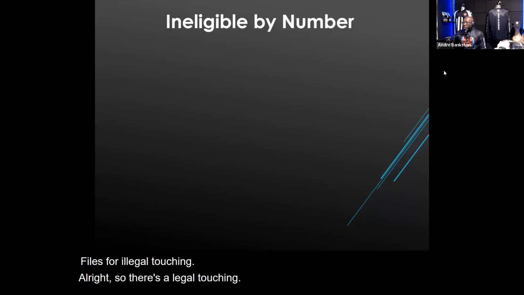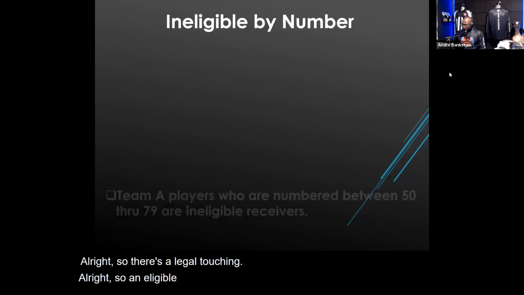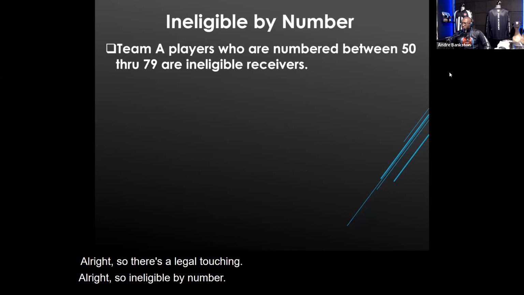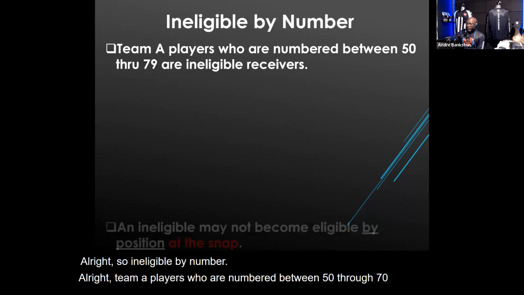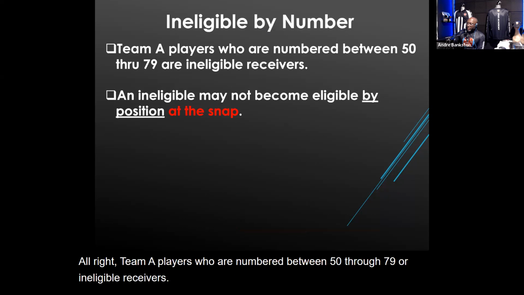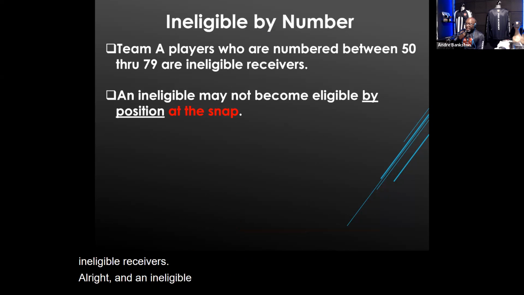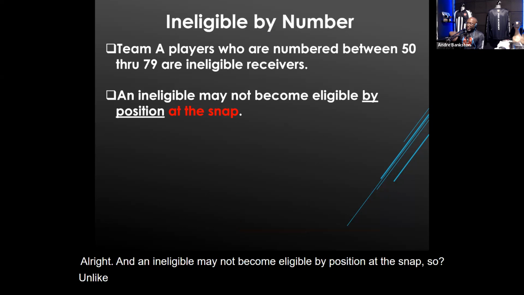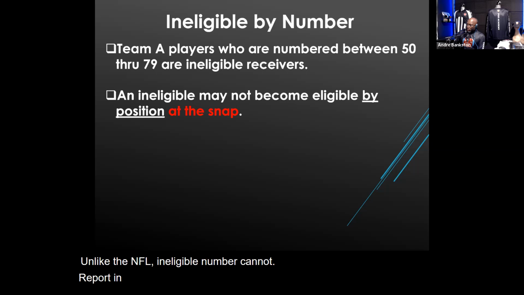All right. So ineligible by number. Team A players who are numbered between 50 through 79 are ineligible receivers. An ineligible may not become eligible by position at the snap. So, unlike the NFL, an ineligible number cannot report in to the referee to let him know he's eligible.